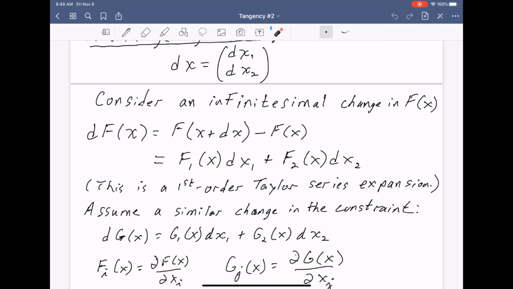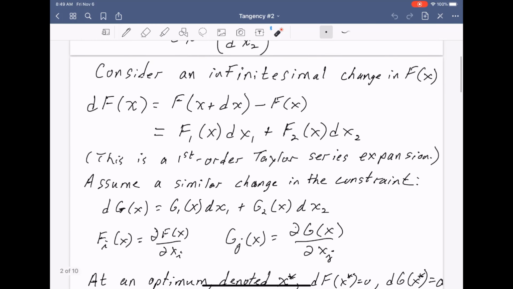Now assume a similar change occurring in the constraint set. We get the same expression, but now we've got a g of x instead of an f of x. So the small change in the constraint is given by the first derivative of the constraint with respect to x1 times d of x1 plus the small change in x2 multiplied by the partial of g with respect to x2.